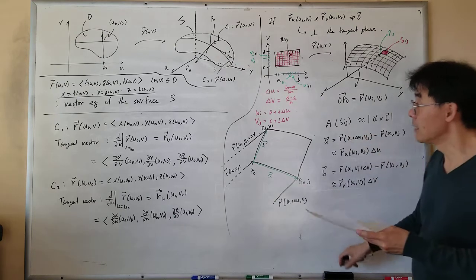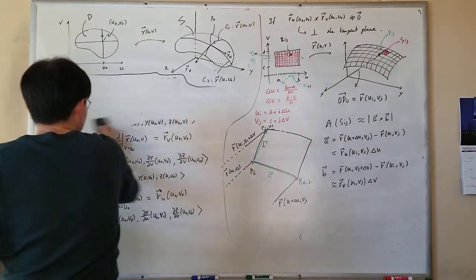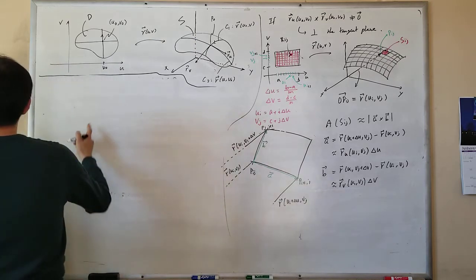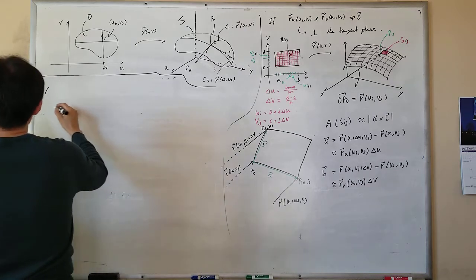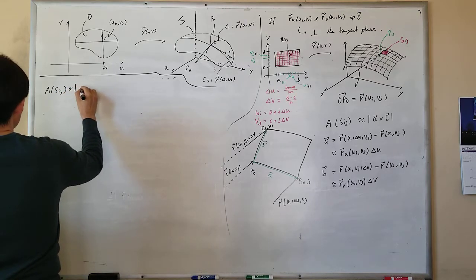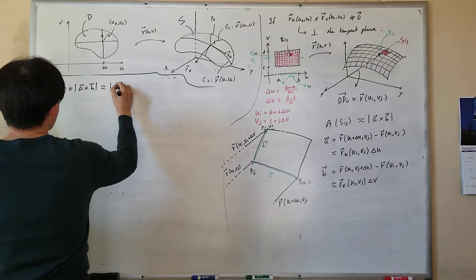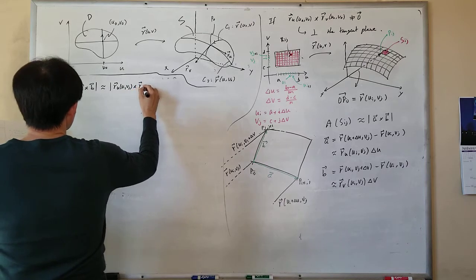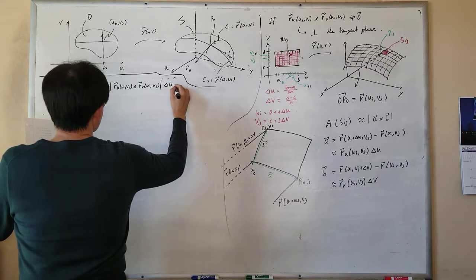So for that, what do you have? The area of Sij, which was approximately this, is approximately r sub u at (ui, vj) cross r sub v at (ui, vj) times delta u delta v, right?